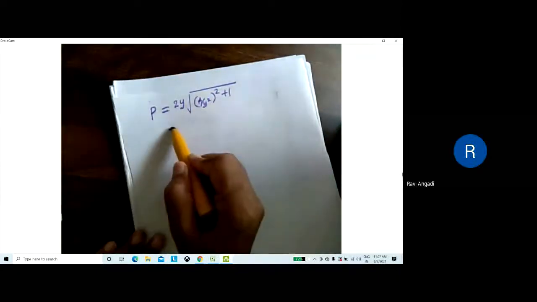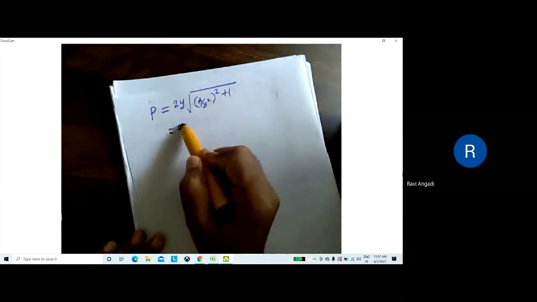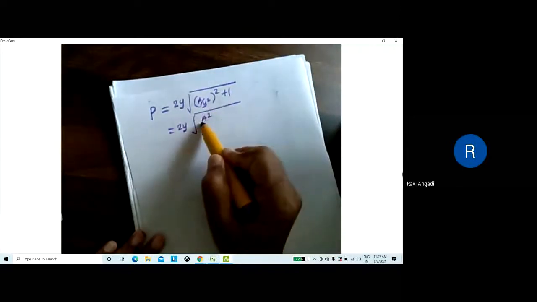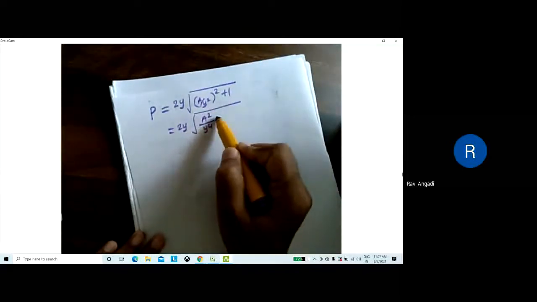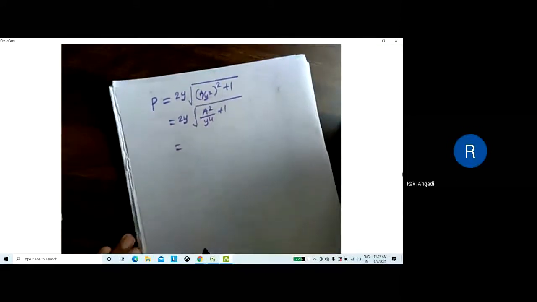Then simplify this. If you simplify, 2Y square root of A square divided by Y raised to 4 plus 1.